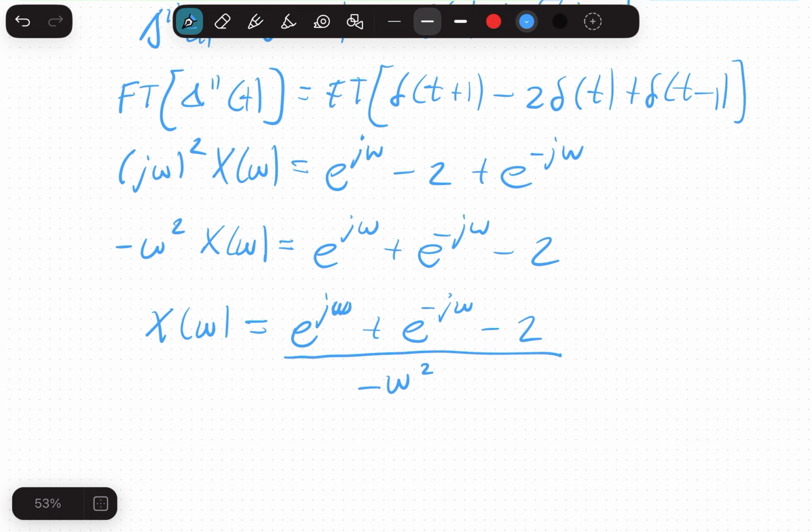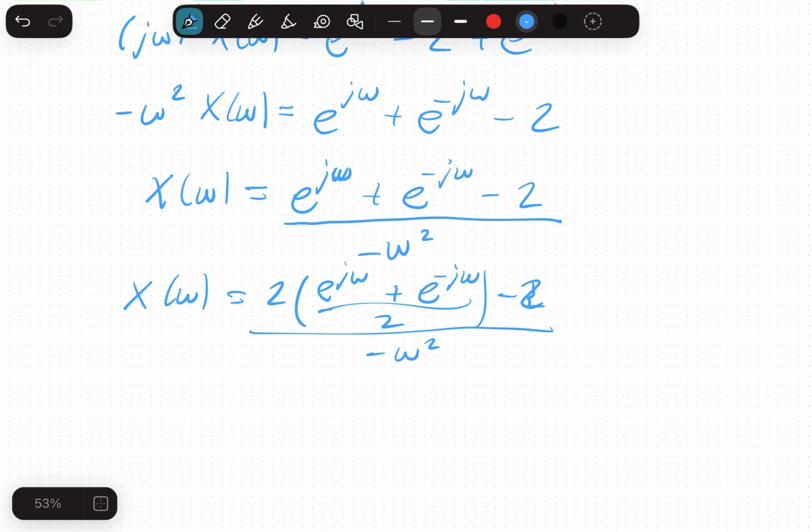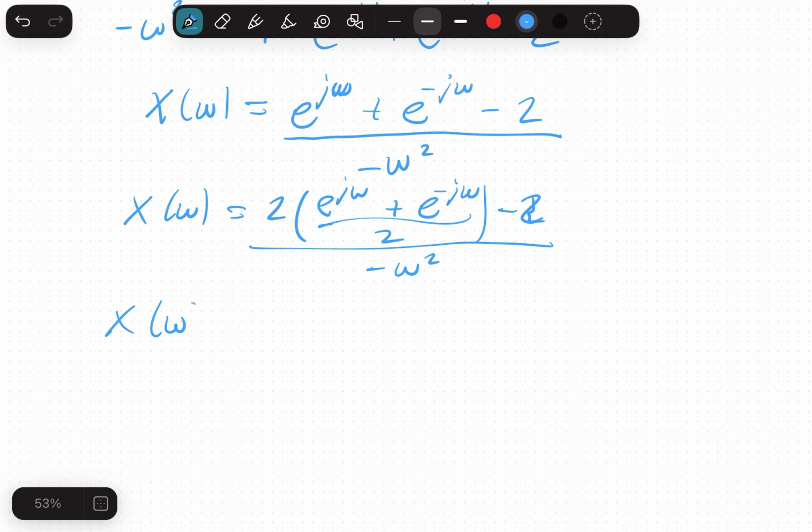So we can actually convert this into a cosine. This will be like having 2 times (e to the j omega plus e to the negative j omega) divided by 2, minus 2, over negative omega squared. So X of omega equals 2 times cosine of omega minus 2, divided by negative omega squared.